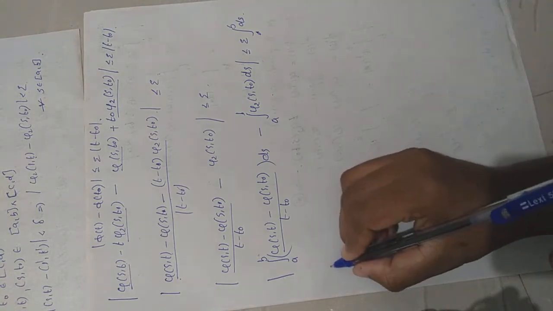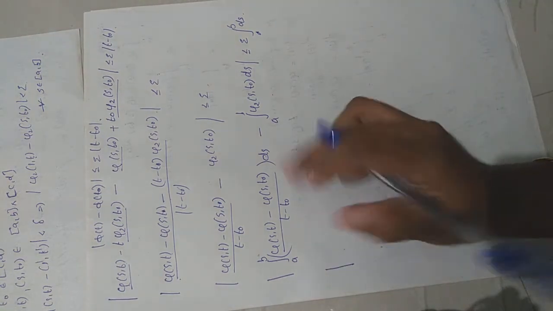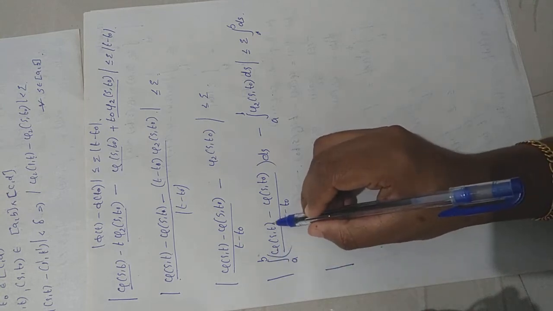So what will this be? Integral a to b psi(s,t) is g of t.